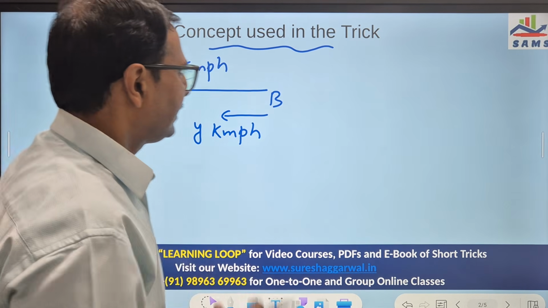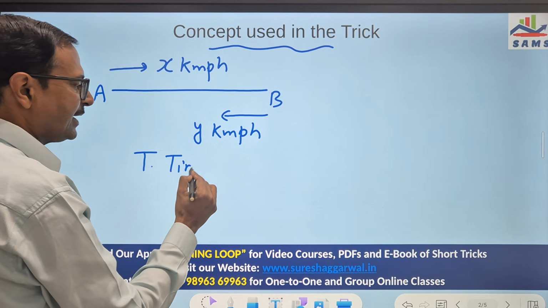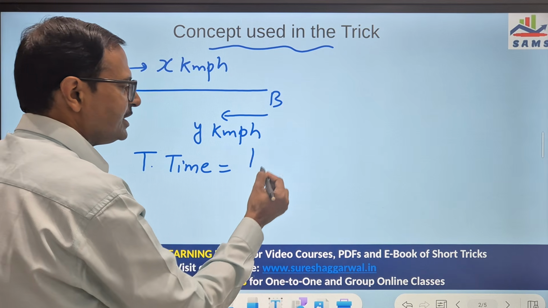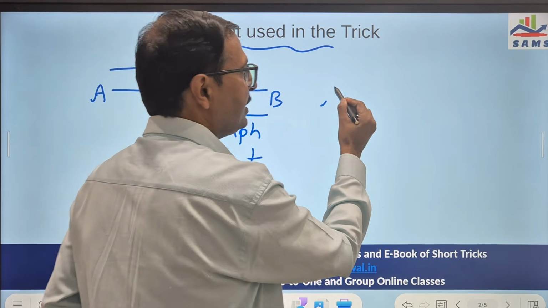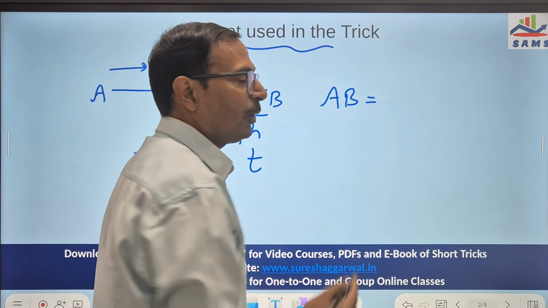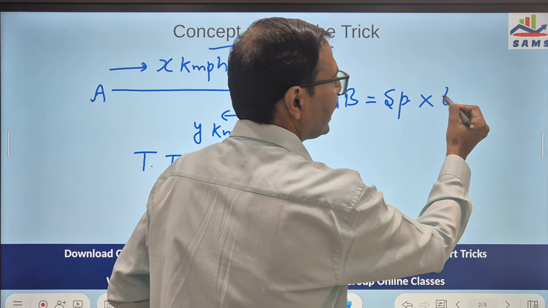Suppose the total time taken is t. Now if I have to find this distance AB, I have to use the formula for distance, which is speed into time.